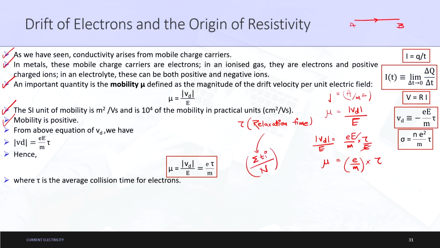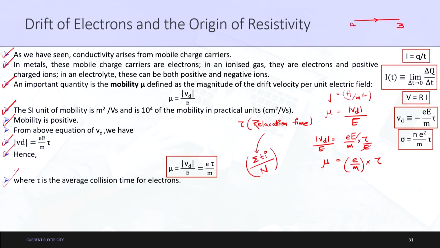What is Ti? Ti is the amount of time required for successive collisions to occur, from the collision of one electron to, let us say, electron 2, and therefore the average over the total number of electrons is equal to the relaxation time, which is denoted by tau. So, this thing is also explained. So, this was the complete end of the drift of electrons concept.